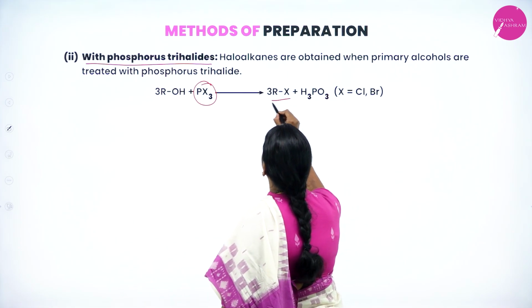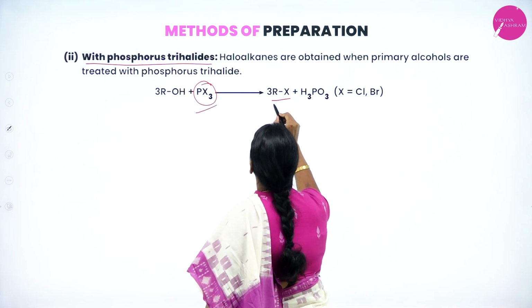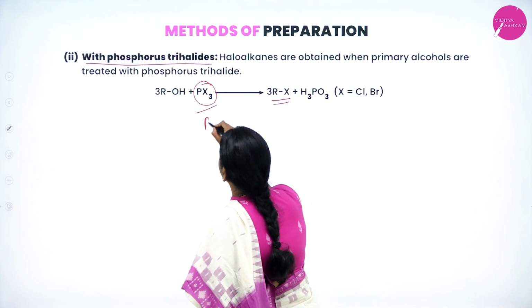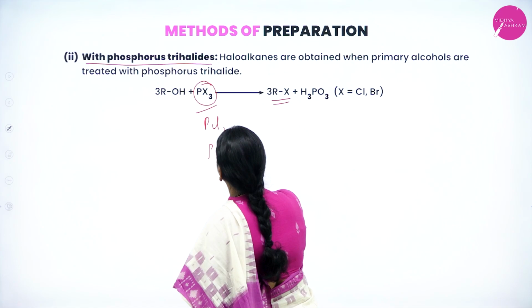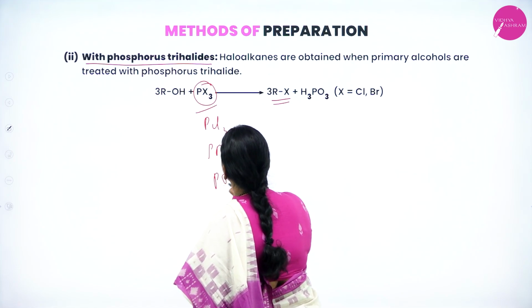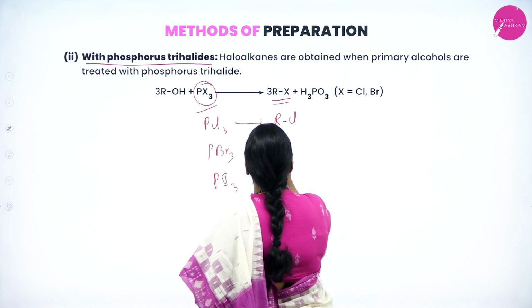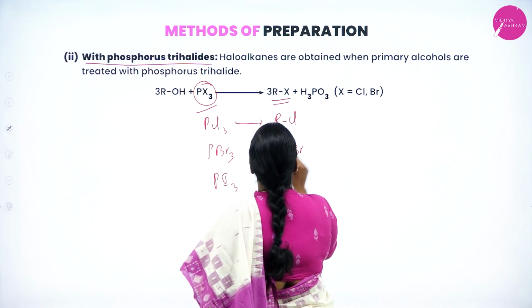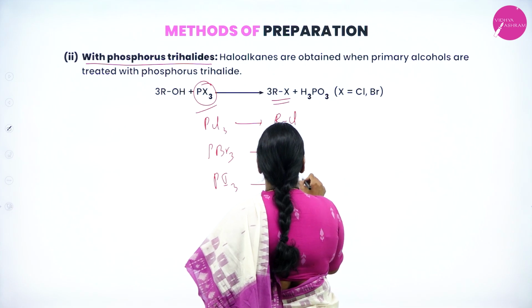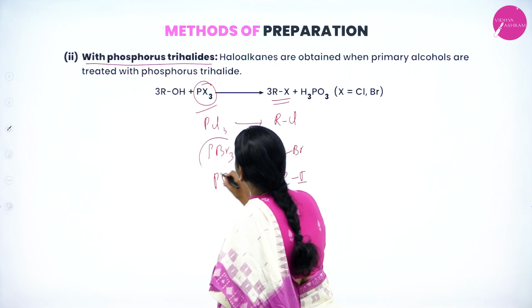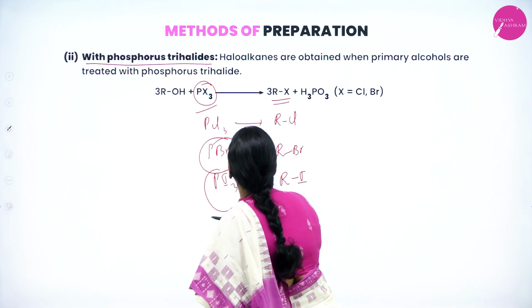When alcohol is heated with PX3, we get RX. We add PCl3, PBr3, PI3. When PCl3 is added, we get RCl. When PBr3, RBr. When PI3, RI.